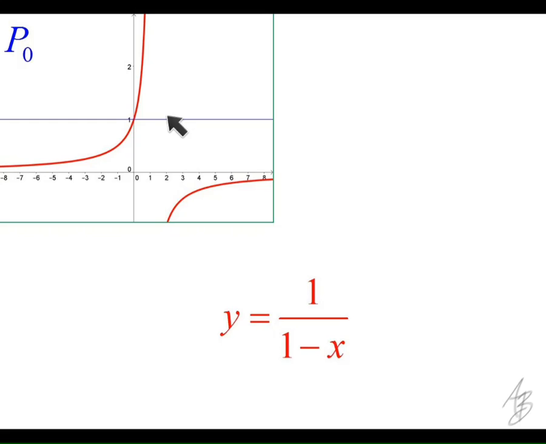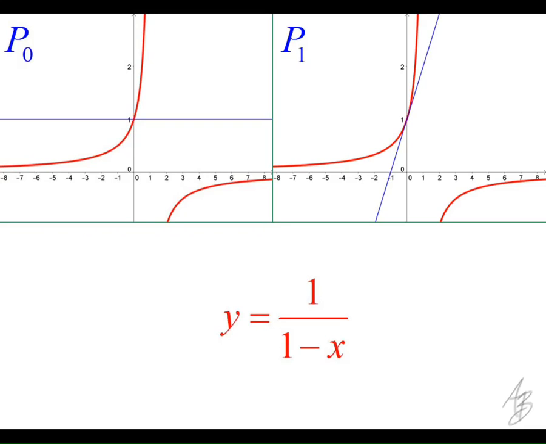So this is the zero-order Taylor polynomial for the function y equals 1 over 1 minus x. It's the zero order because it matches the behavior, just the value of the function, but it doesn't match any of the derivatives. If we match the first derivative, it's going to look like that, and that's just the tangent line approximation.